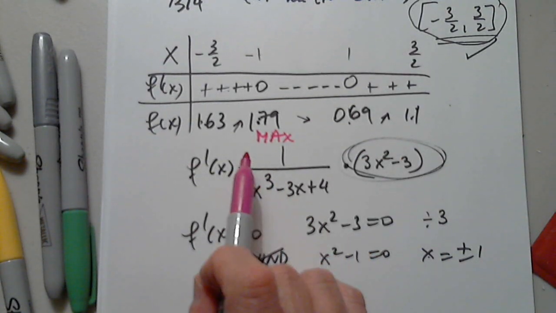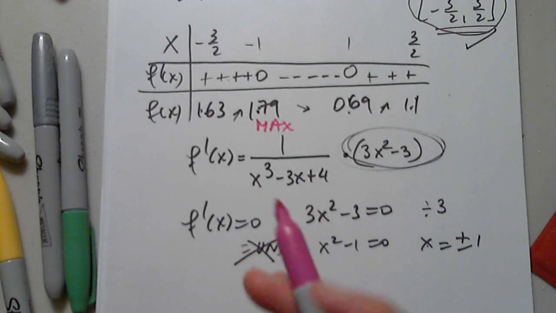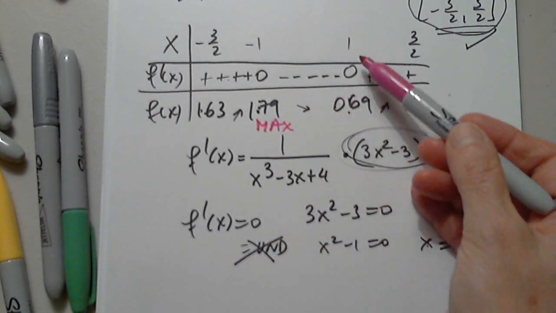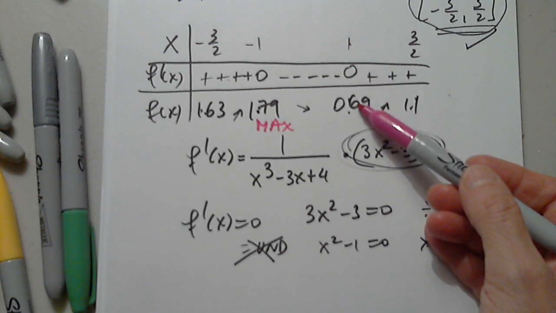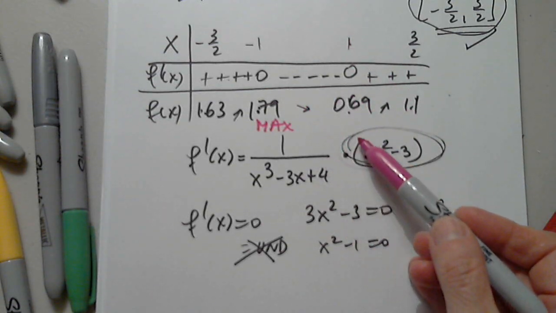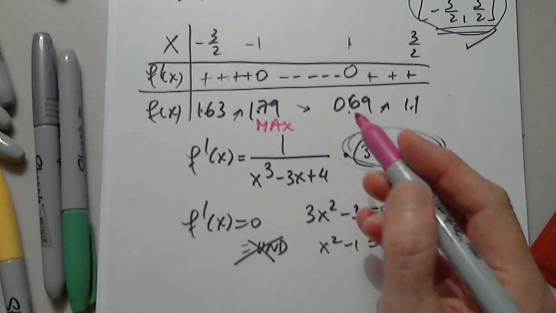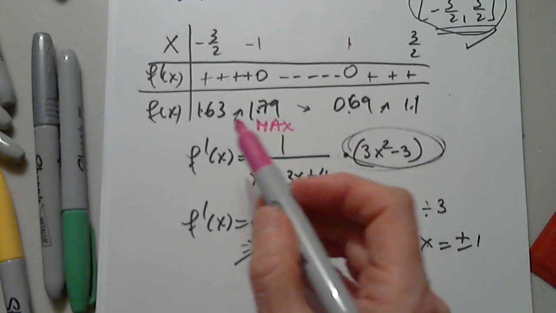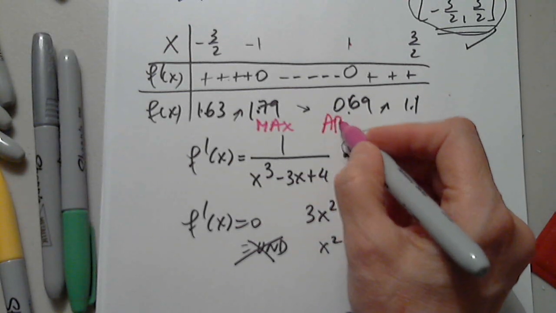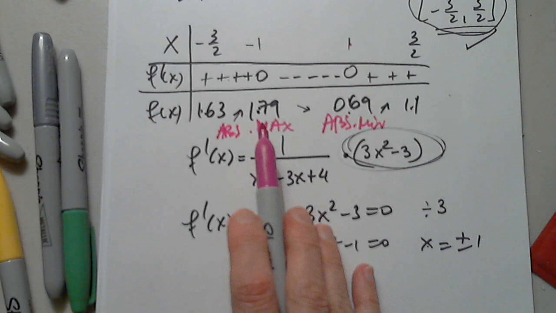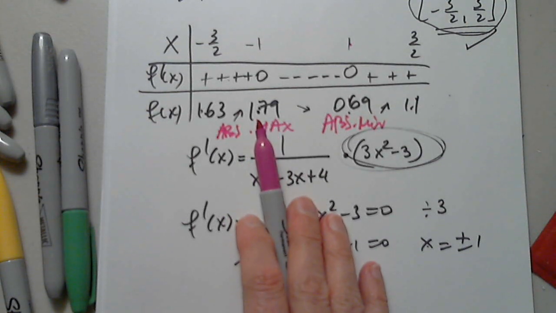We'll decide in a moment if it's relative or definitely relative, but we are asked to find absolute. What about this point, positive 1, 0.69? Min. Yes. So since this is the smallest number, this is the absolute min, and this is the absolute max because it's the largest number.